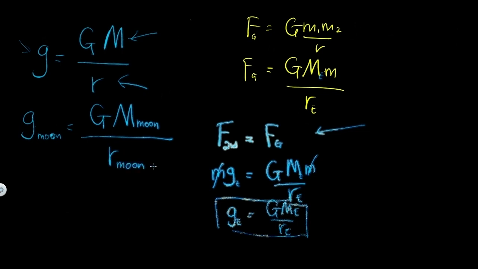Hopefully you can understand this concept: we can get the value of gravitational acceleration by using only the mass, radius, and gravitational constant. Maybe after this we look into a few examples to understand the concept even better.